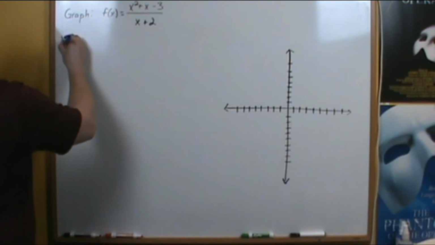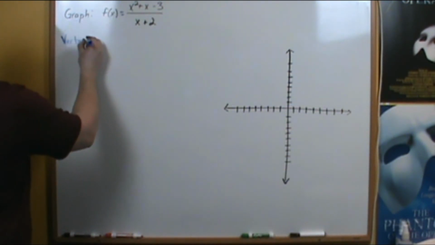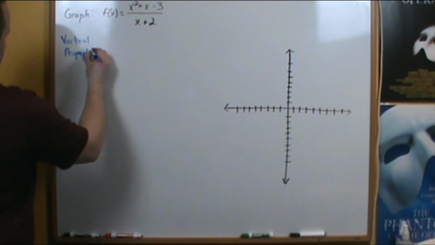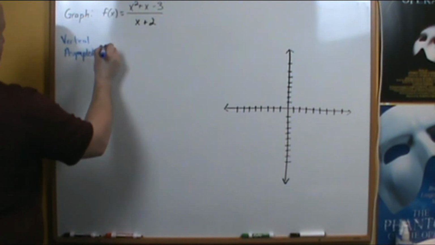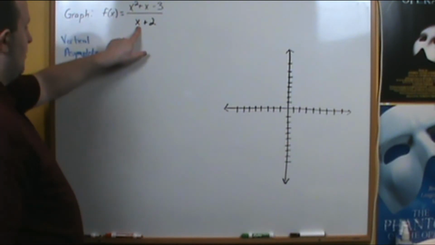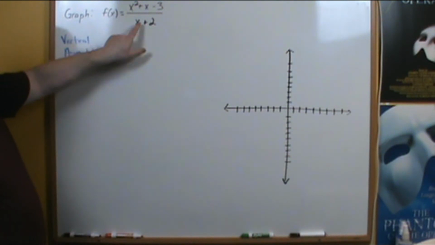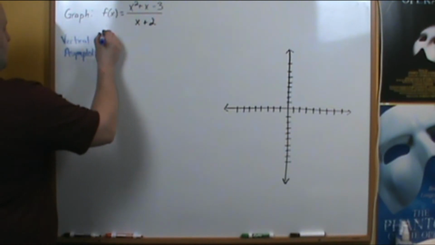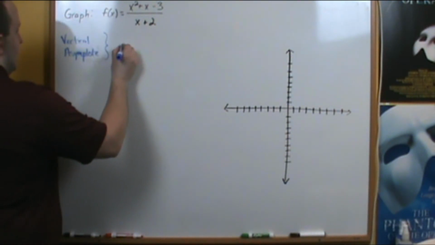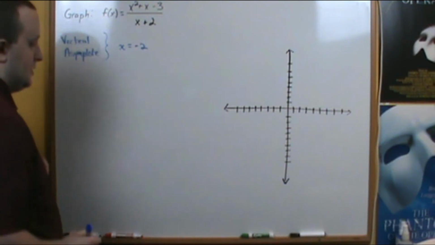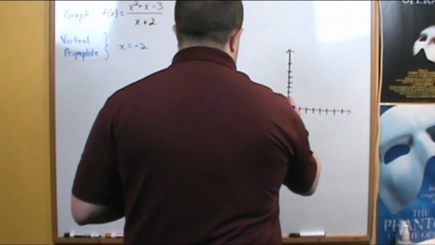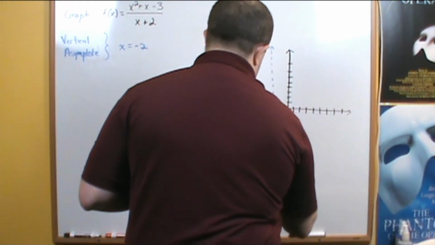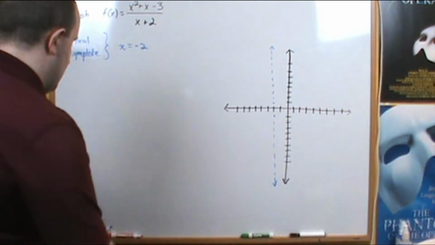Okay, so for our vertical asymptote, that's going to be whatever value x is that makes the denominator 0, and that's going to be -2. So our vertical asymptote is at x equals -2. And we could graph that in our xy axis right there.